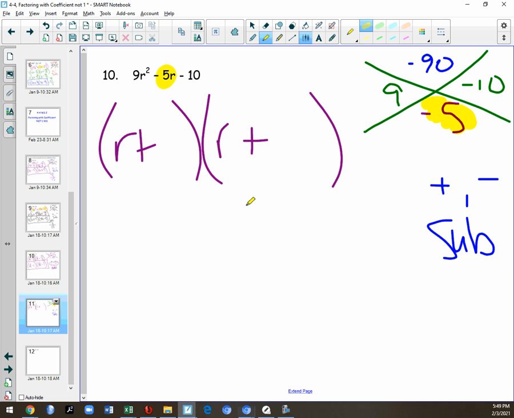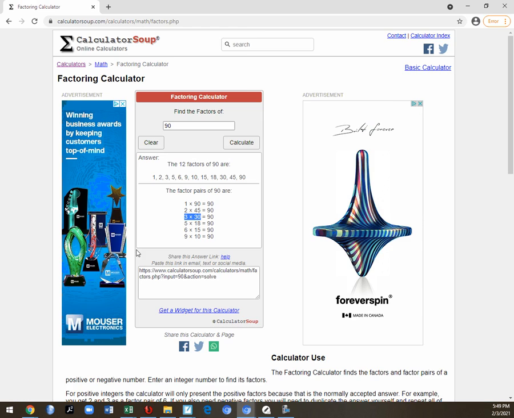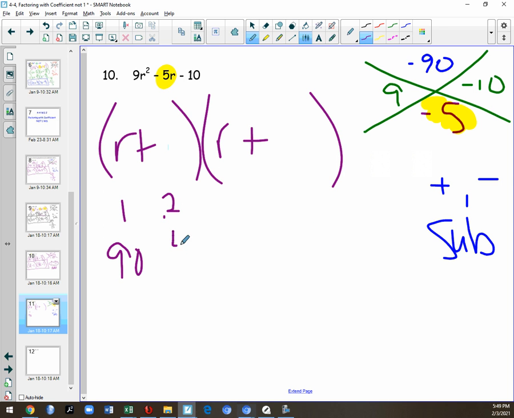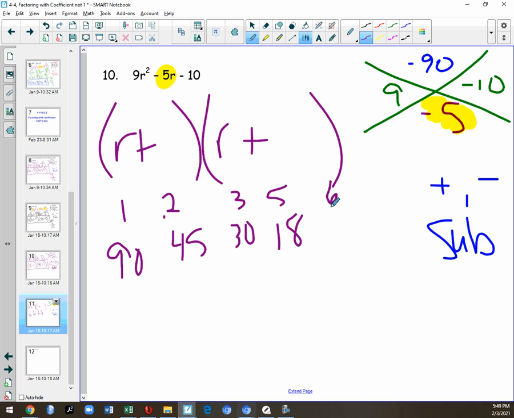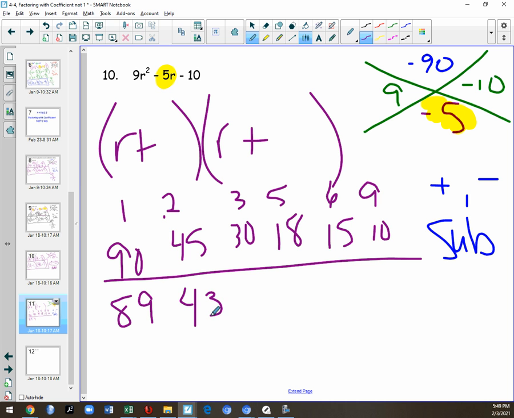Now, just so that you can see this, I will go ahead and write those numbers down so that you can see this a little bit easier. 1 and 90, 2 and 45, 3 and 30, 5 and 18, 6 and 15, and then 9 and 10. Now, if I subtract these, I'm going to get 89, 43, 27, 13, 9, and 1.